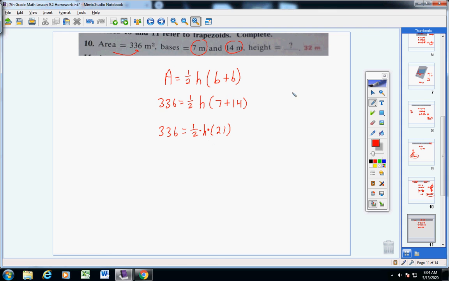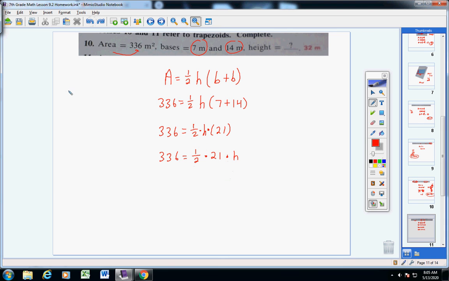That's multiplication now, guys. 2 times 3 times 4 is the same thing as 2 times 4 times 3, right? If they're all multiplying, you can write them in any order. So I would like to submit to you, to make this easier, all three of these are being multiplied. Let's just put 1/2 times 21 times H. And that helps, because now I can multiply these two together, okay?